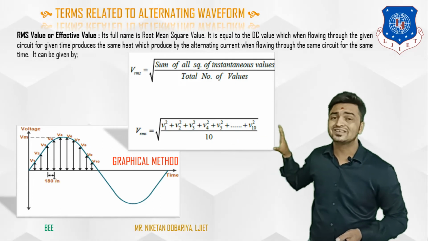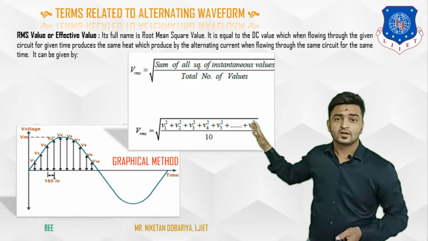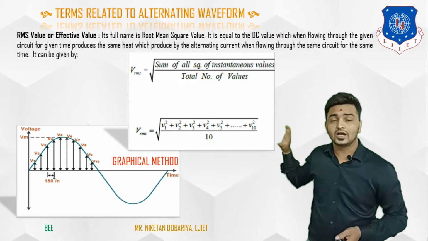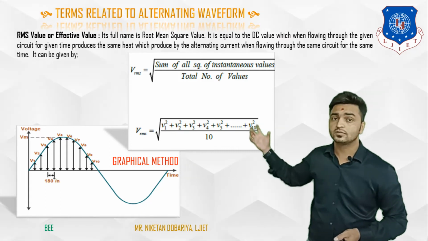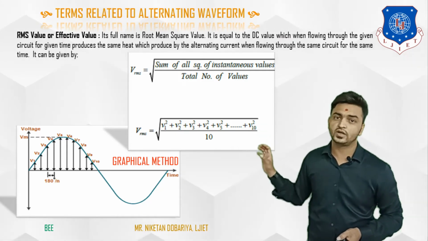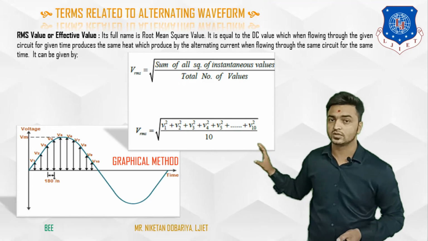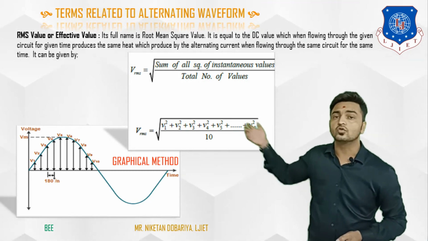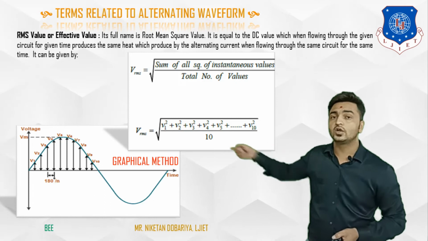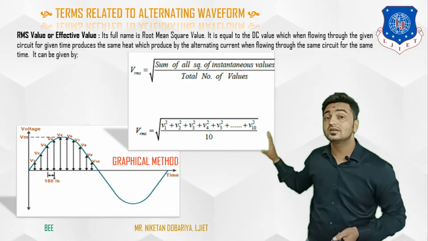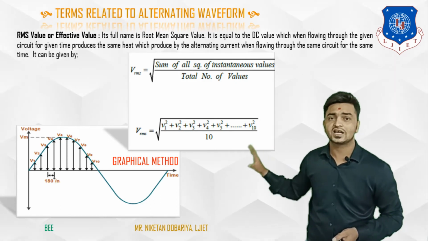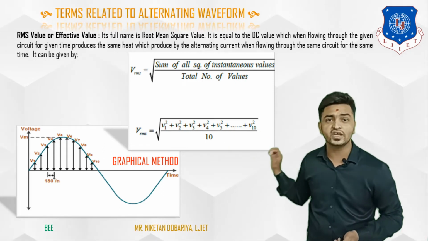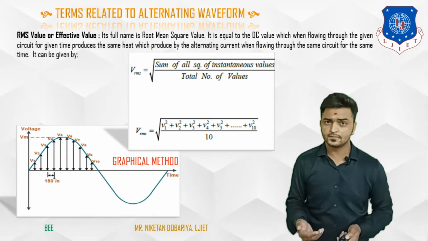If we find the root value of this term, that will give the RMS value for this given waveform. So lastly we have done the root. The value given in this equation is the equation for the RMS value of this given waveform. So this was the graphical method.